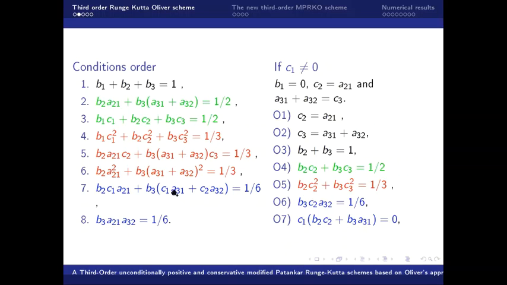Therefore, equation 7 reduces to the O7 equation. These equations on the right are the order conditions for the new scheme.